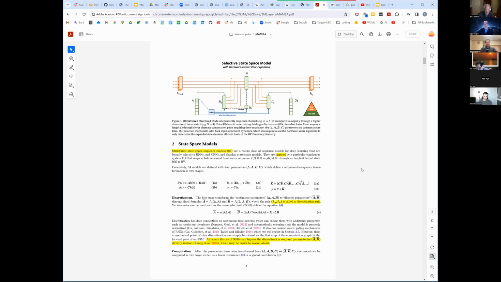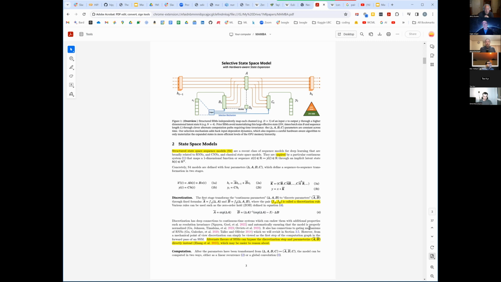In S6, they've allowed A bar to be updated, it is different for every token because the delta is different for every token. Oh, okay. Also, B and C are generated for every token, so they're different as well. So it ends up being that all three are flexible. Yeah, it's just that A is flexible in a certain way.